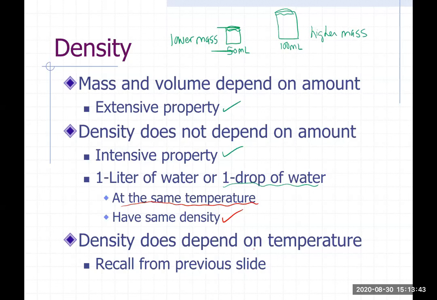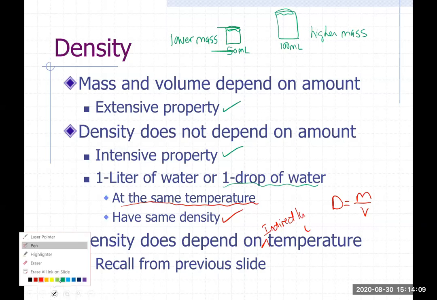Density does depend indirectly on temperature. And so I'm just going to write that in here, indirectly. And the reason I say indirectly is because density equals mass over volume. So you notice that temperature is not one of the species in that formula. So indirect relationship means that the temperature impacts something in that formula.